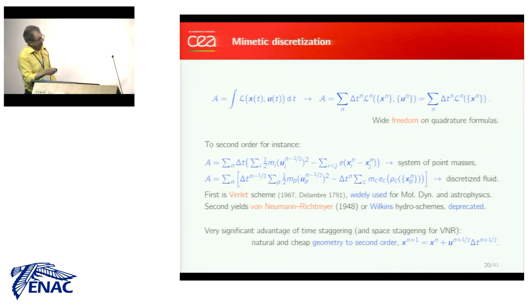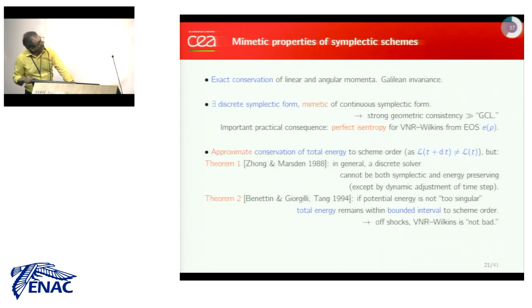So the first one is the Verlet scheme, which is very widely used for molecular dynamics. The second one here turns out to be the action integral for the von Neumann-Richtmyer scheme. Okay, so the mimetic properties, of course, we have exact conservation, explicit. We have a symplectic form.